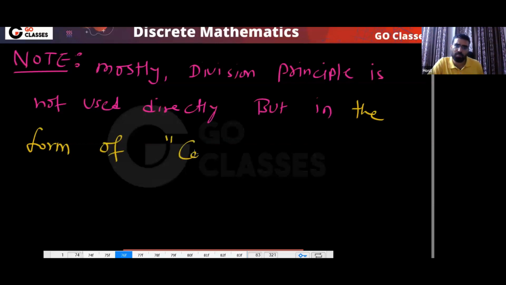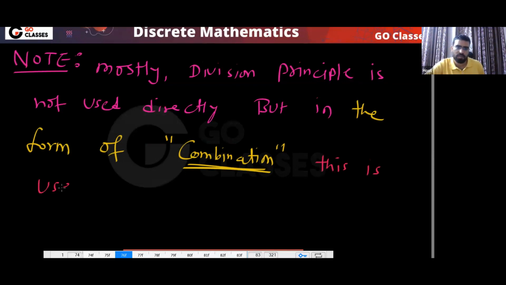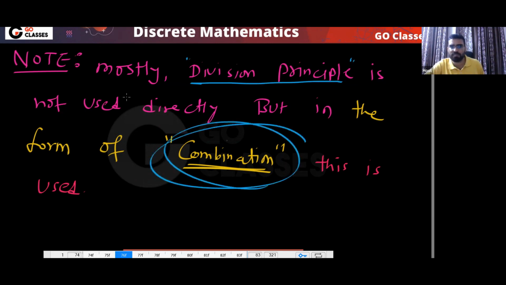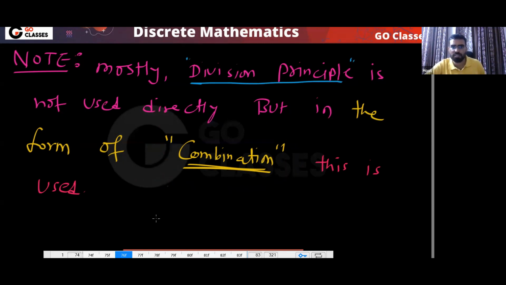We have a concept called combination. So in the form of combination this is used. I will tell you what permutation and combination are. Combination is basically nothing but your division principle. It is a fancy word, just a good looking word for the division principle.